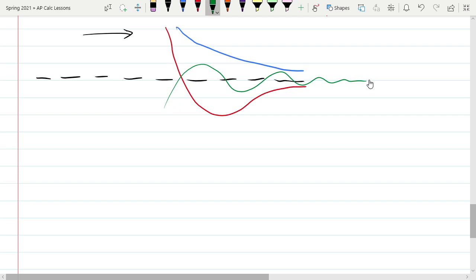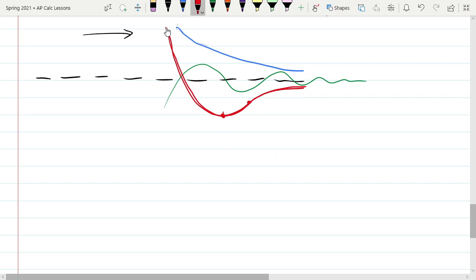Now, how do we know which one it's going to do based on our sign chart? Well, if you look at the blue one, it is only decreasing and concave up the entire time. That's one behavior. But the red one is actually decreasing and concave up until this point, and then increasing and concave up until about there, and then increasing and concave down.